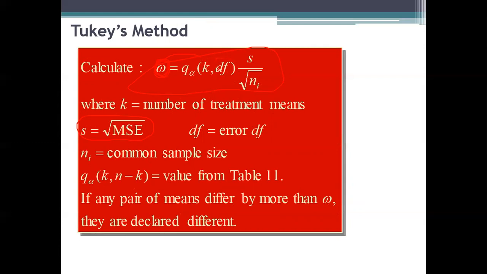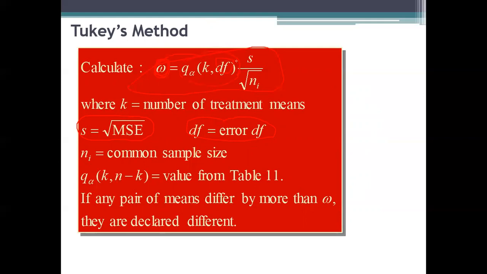The degrees of freedom here refer to the degrees of freedom of error, not treatment. n is the common sample size. So first of all, how are we going to get this value?